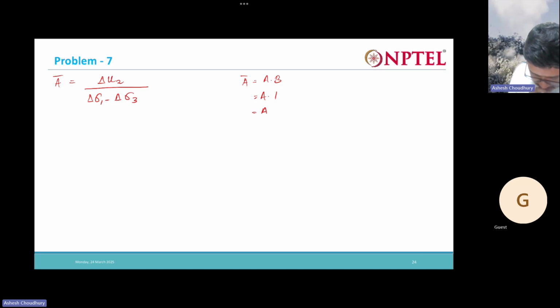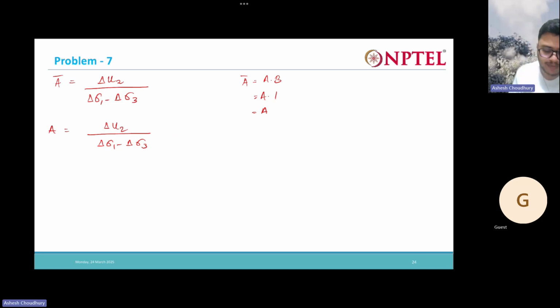So I can write this A is equal to delta U over delta sigma.